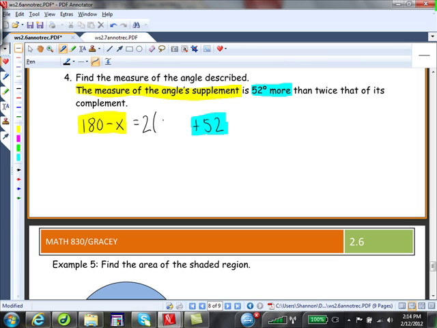So we're doubling the complement. And remember, the complement of the angle would be 90 minus x is the complement of x. So twice that of its complement is this part right here.